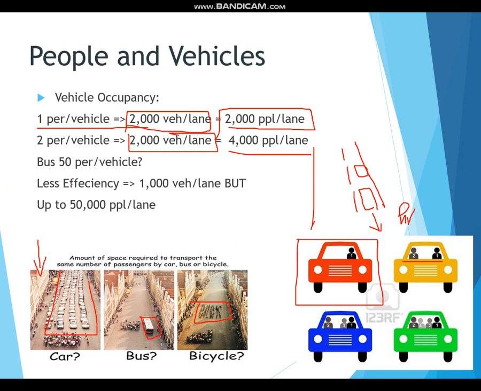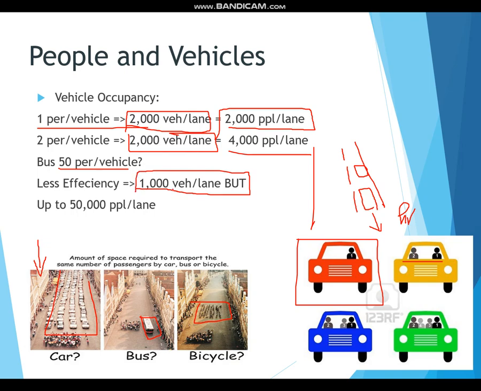If you have a bus, and this bus can hold 50 people between standees and those seated, because the bus is slower, stops more at stations and takes more space, we probably don't use 2,000, maybe a little bit less capacity in a lane. And this is still high, by the way.